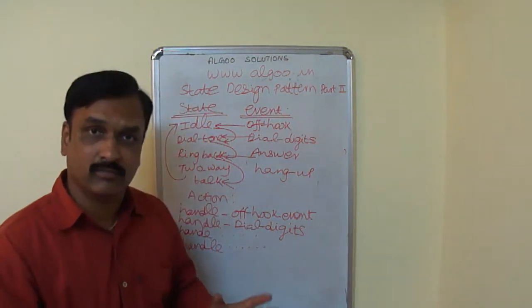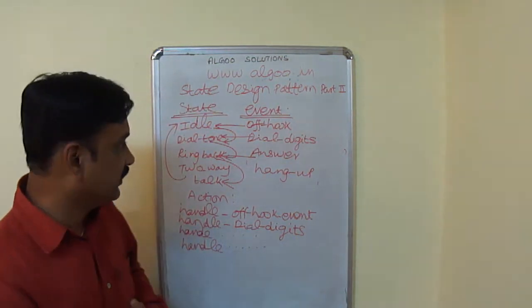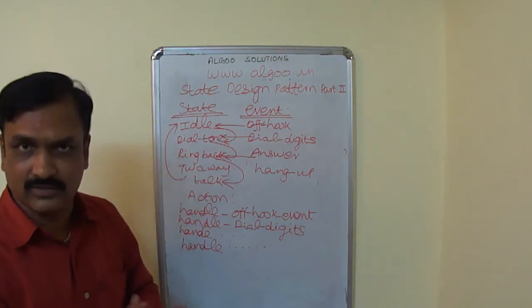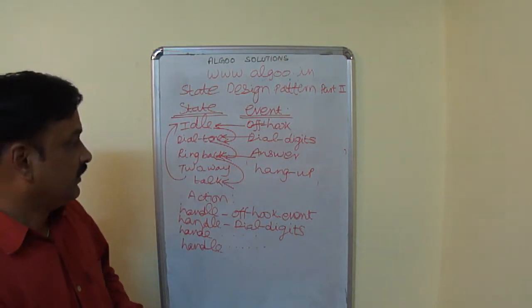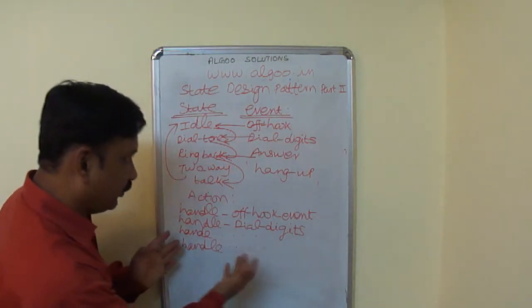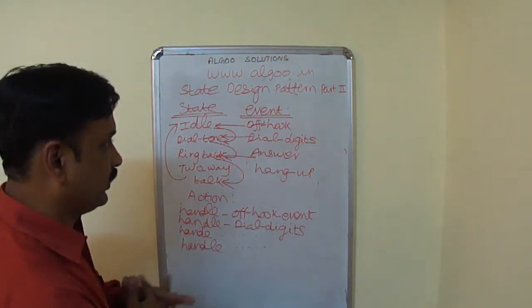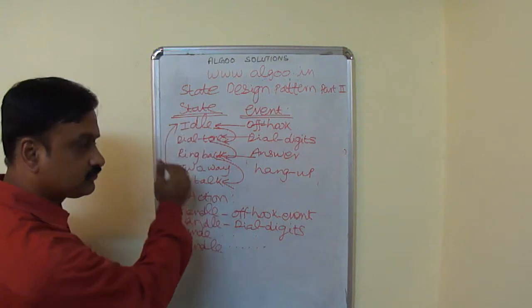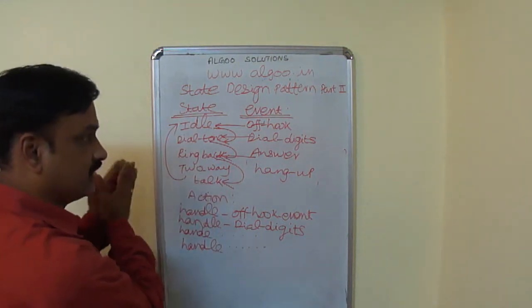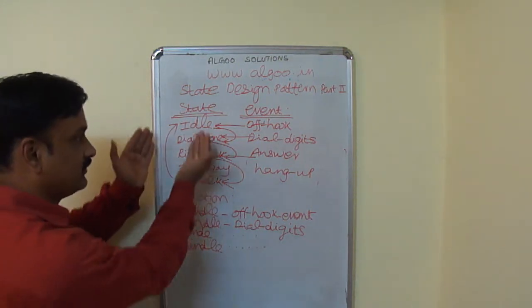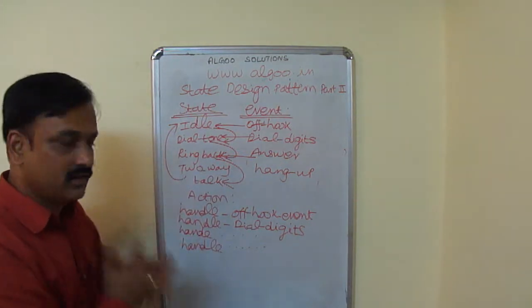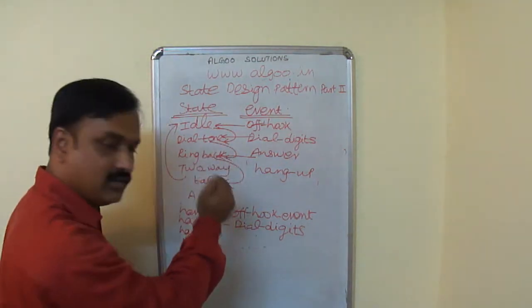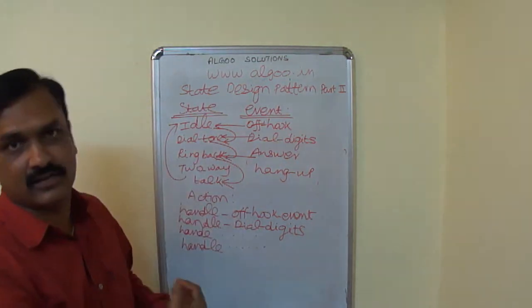Now I am just going much deeper into the implementation, just for you to get a hang of the things. Right. Now where are these states located? These states are located in your context class. The context actually has a record of these states. Right. Now who does state transition? It is the context class that does state transition.